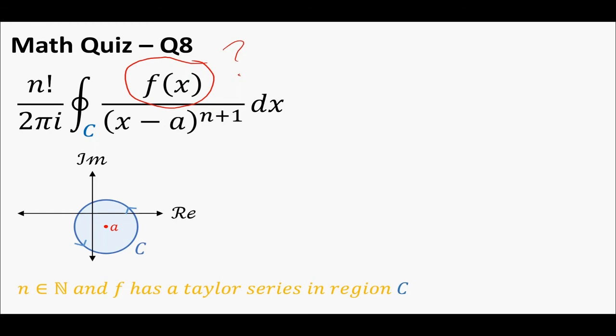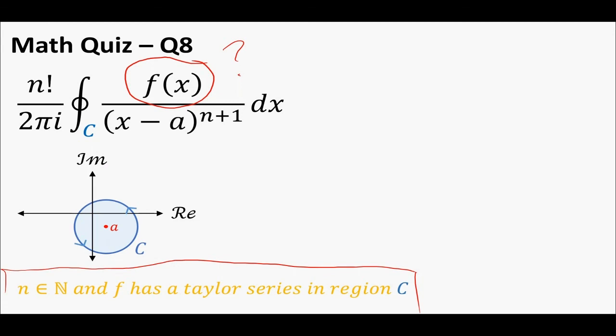But then we're given a little hint down here. This is actually a big deal. We know that n is in the natural numbers, and f has a Taylor series in the region C. That is a big deal.